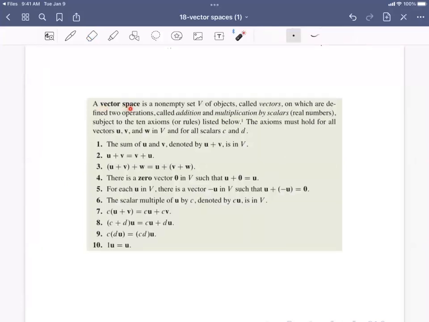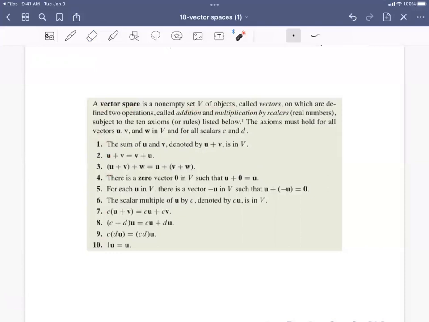So a vector space, first of all, is a set V of objects called vectors, satisfying all 10 rules given here.